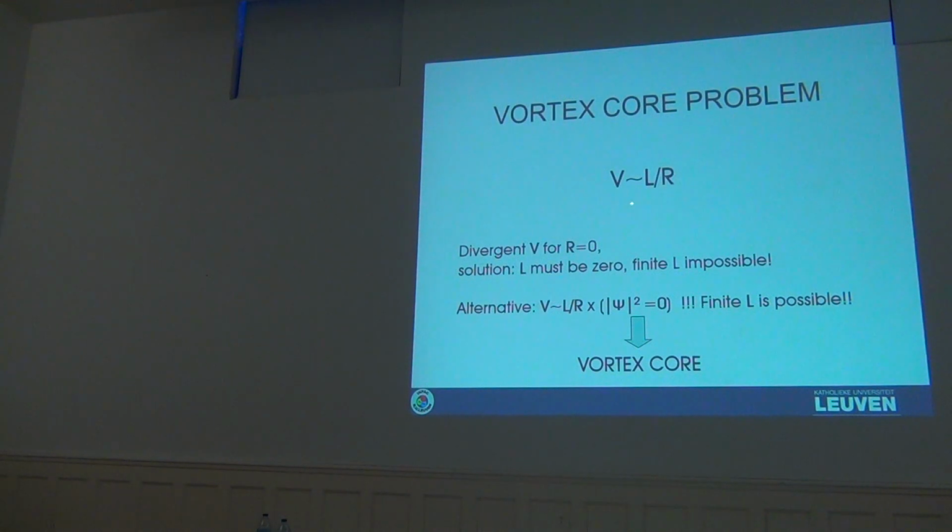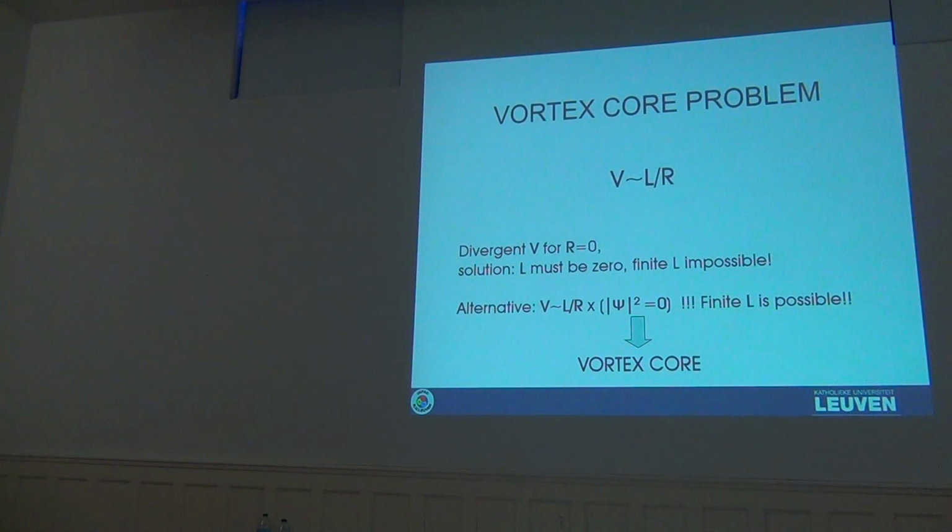And it's clearly seen that this ratio is divergent for R going to zero, and therefore many people thought that the only way for quantum systems to survive is to keep L equal to zero, and then you have a Meissner state, and that's it, the story is over.